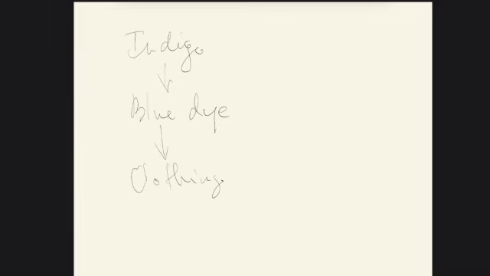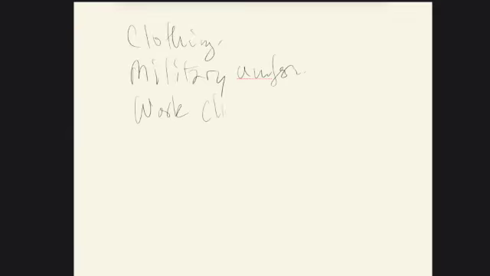Now, if you owned blue clothing in the 1700s, there is a good chance that indigo was involved somewhere in the manufacturing process. What is the practical use for indigo? Okay, it is used, of course, in clothing, naturally military uniforms, work clothes, textiles, and fabrics.